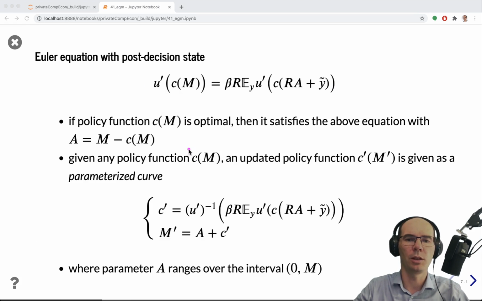So imagine that we're given a consumption function C of M, and then we can plug it into the right-hand side of the Euler equation here, and then think of A as an independent variable now.